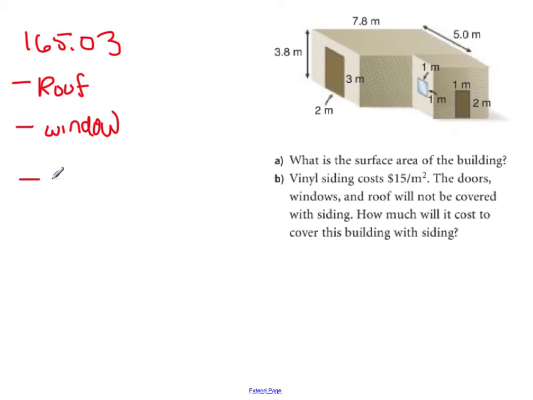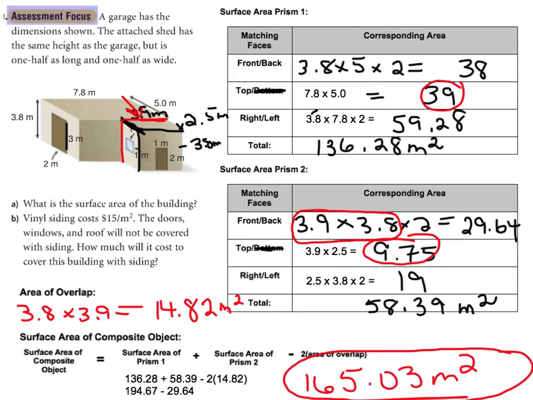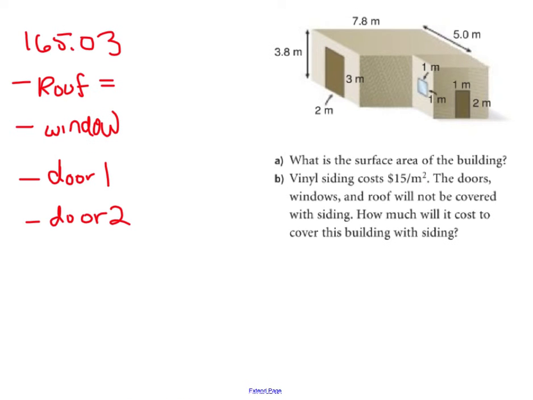And we're going to subtract the 2 doors. Door 1 and door 2. That makes sense, correct? So the roof has an area of 39 and 9.75. So we're going to take this and subtract 39 and subtract 9.75.